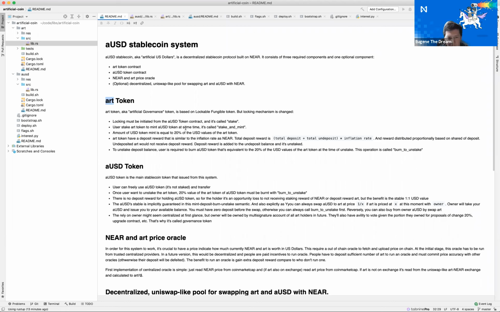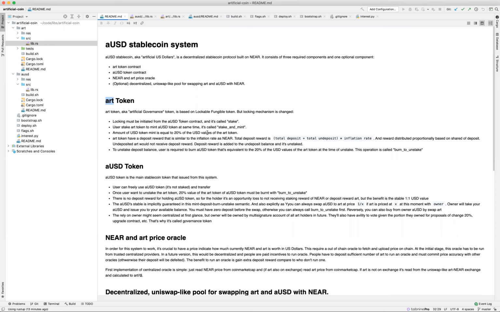Is this the swap that is provided by the contract? I think what they're going for is an over collateralization rate, right?